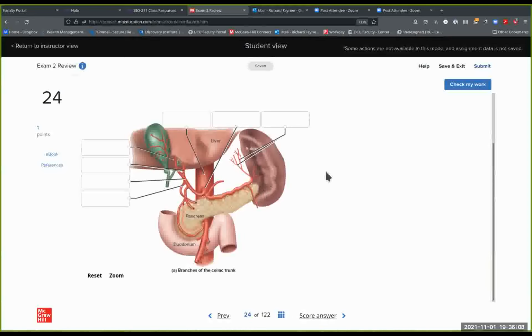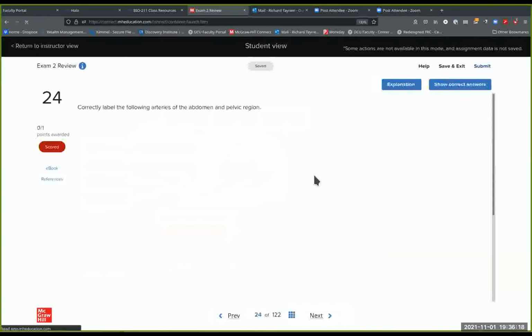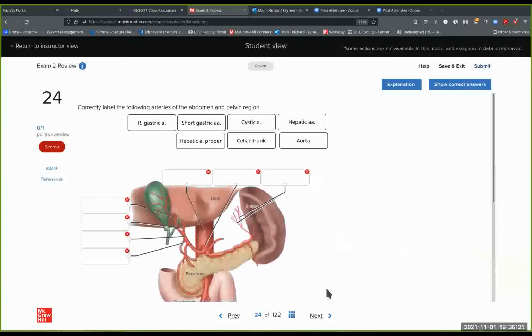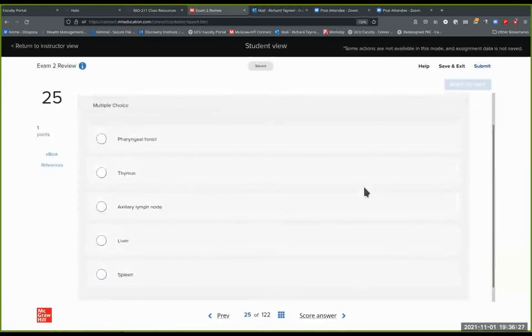And we do have the celiac trunk down pretty well, don't we? Yes. I think so. We have kind of beat this to death, but justifiably so. It's confusing. Okay, multiple choice.